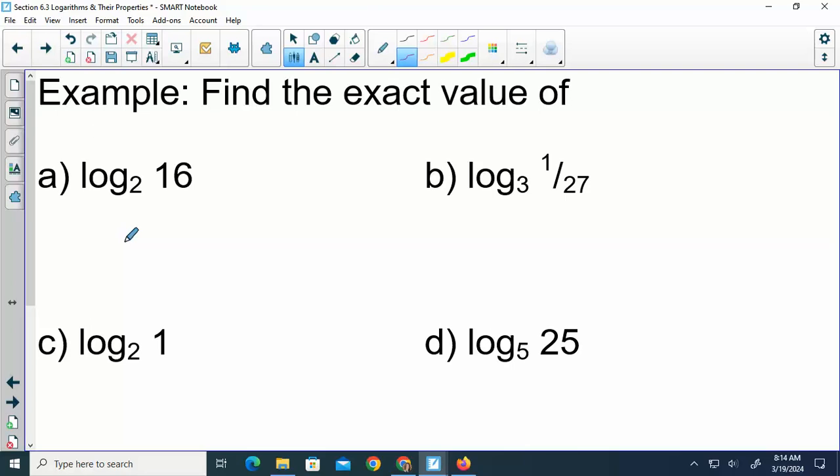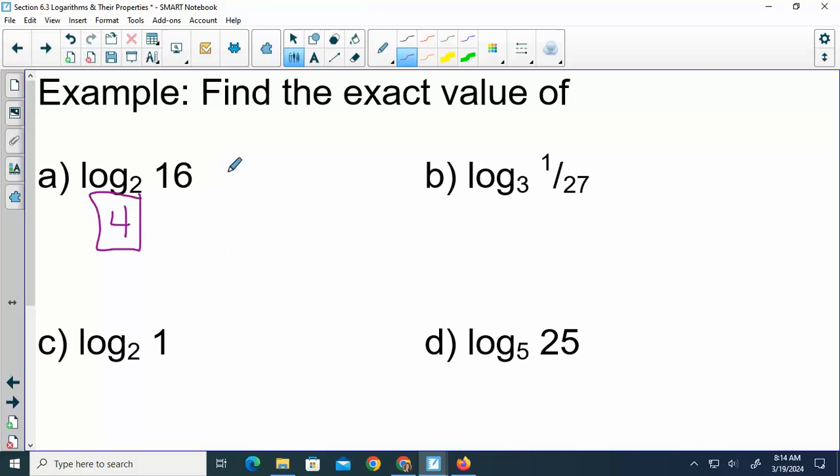So there's two options. Option number 1, if you understand what a log means, you might be able to look at this and tell me the answer. Log base 2 of 16. It's saying 2 to what power would equal 16? 4. So if you can look at that and understand what it means, that's great.